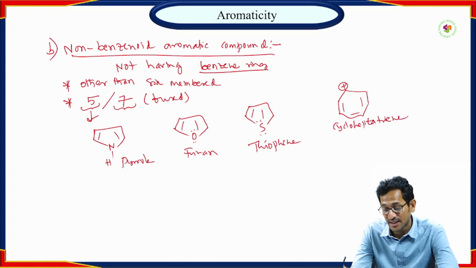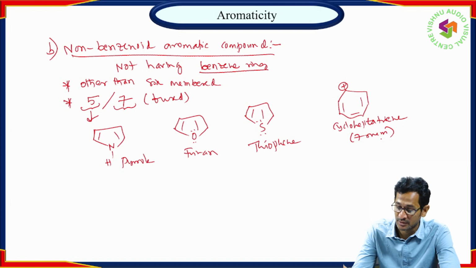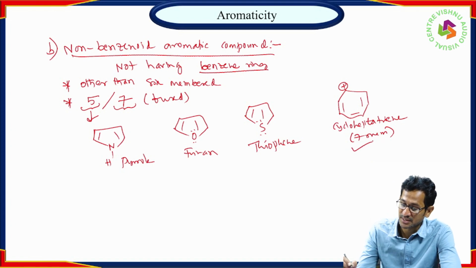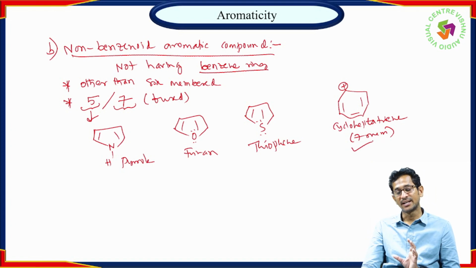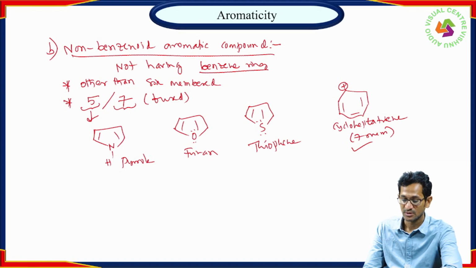Cycloheptatriene is an aromatic compound, but this is 7-membered. So this also comes under the non-benzenoid aromatic compounds.